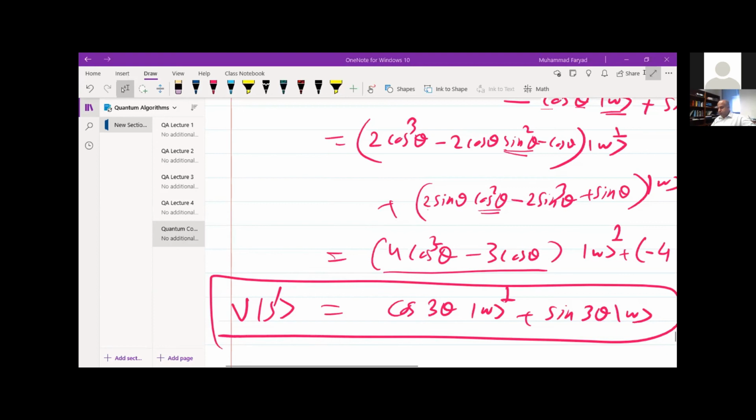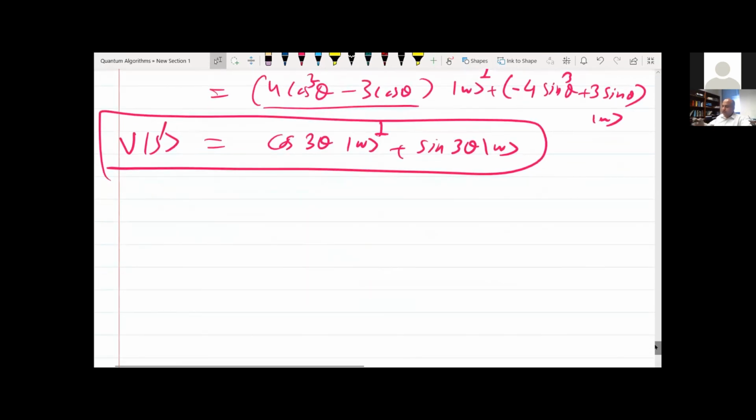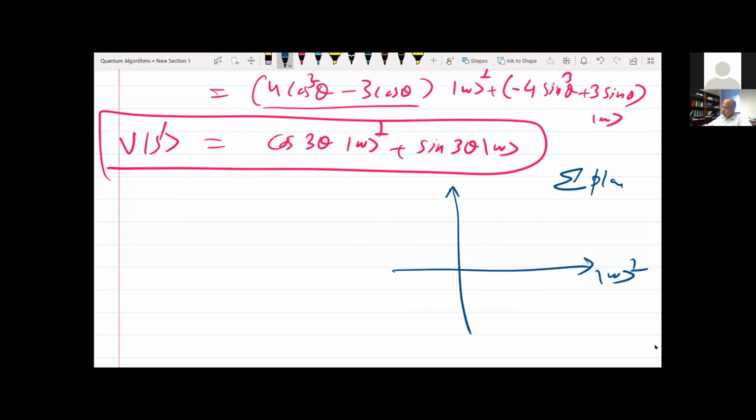All right, we are done with the major part, and let's see how the overall algorithm works. Because what has happened is this: if I think of a plane, let me call it some sigma plane, spanned by vectors omega perpendicular and omega, we saw that our state S, the superposition state, was cos theta plus sine theta.